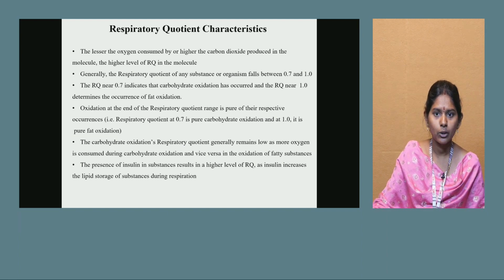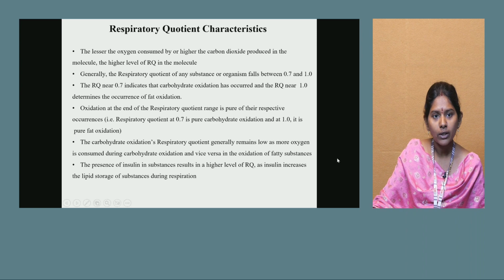Moreover, the respiratory coefficient of any organism or substance falls between 0.7 and 1.